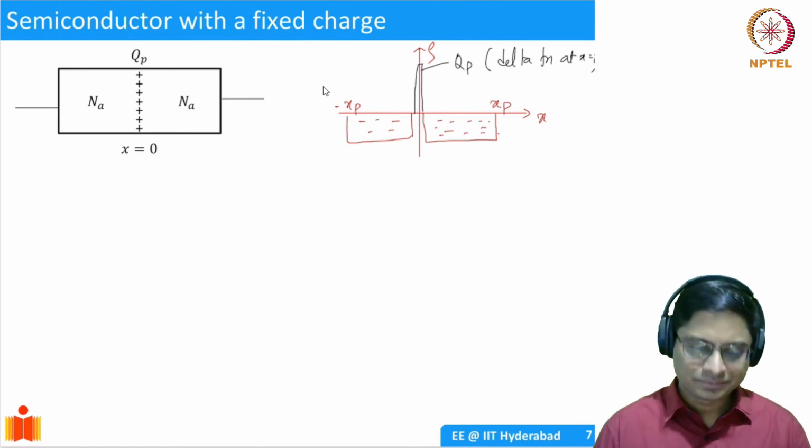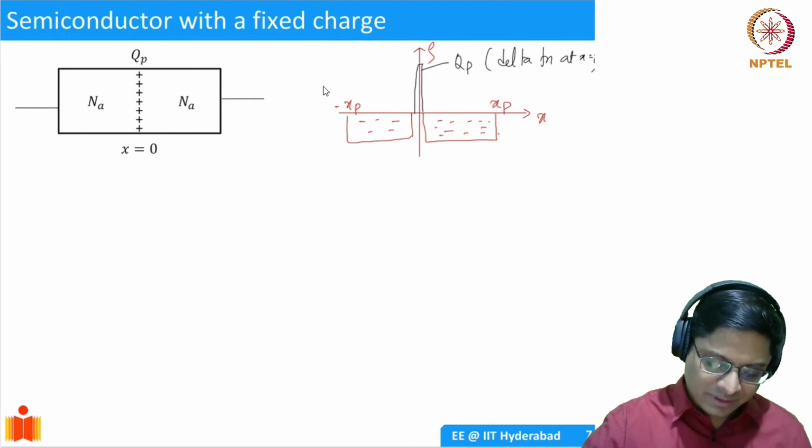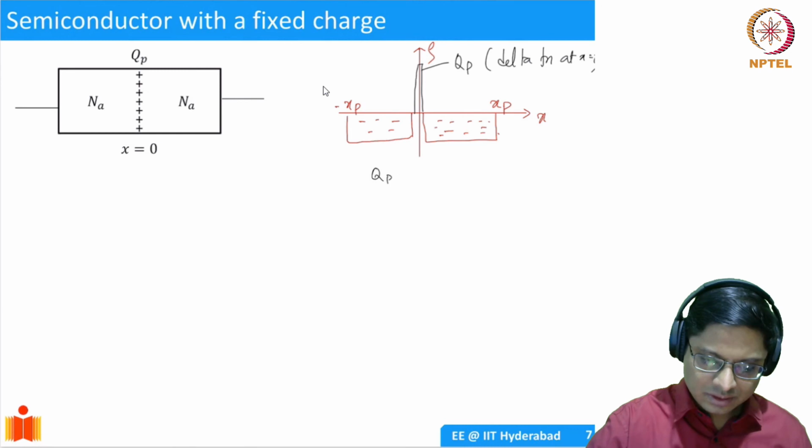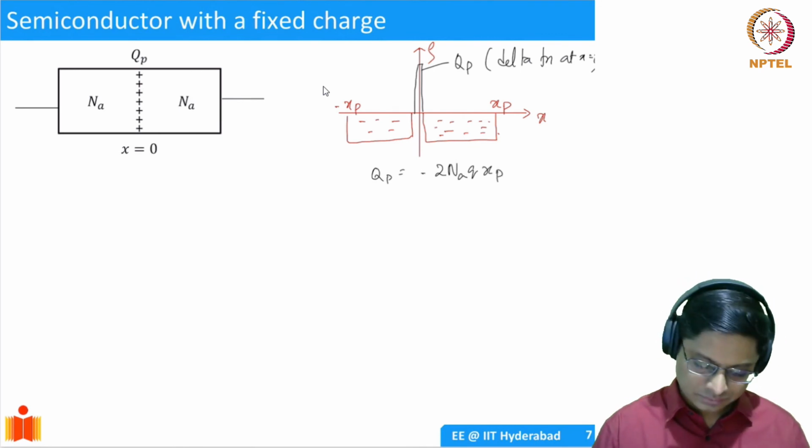So what will happen? Well, the charge neutrality still should be valid. So QP is going to be minus 2 times NA times Q times XP. Okay, this should be valid. And then what?